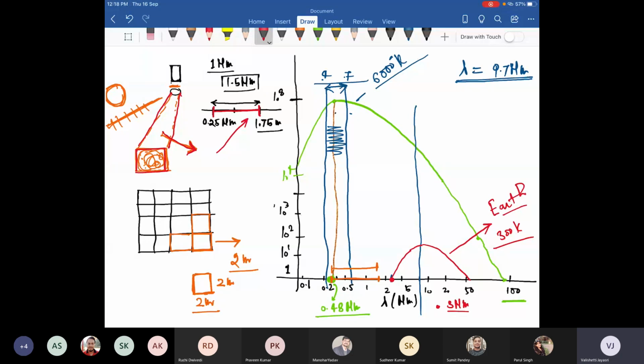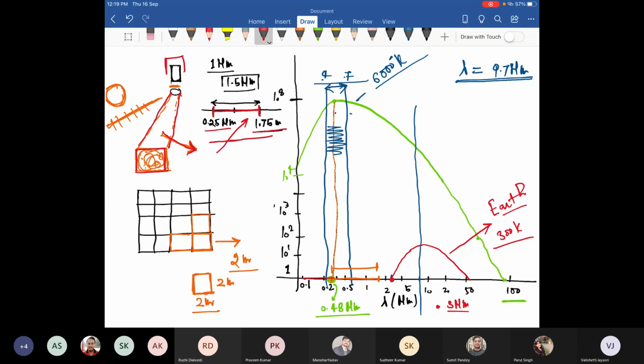Okay, let me further discuss it. Just stay unmuted. See, this particular sensor is designed for 0.25 micrometer to 1.75 micrometer. Within this spectrum, just see this curve.